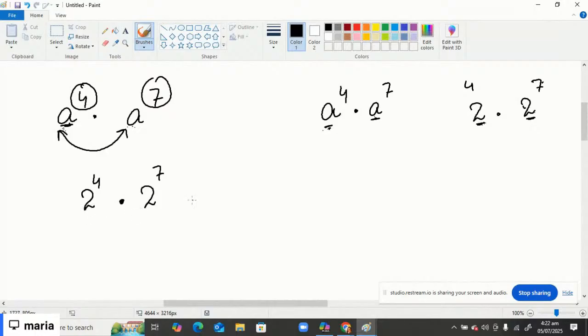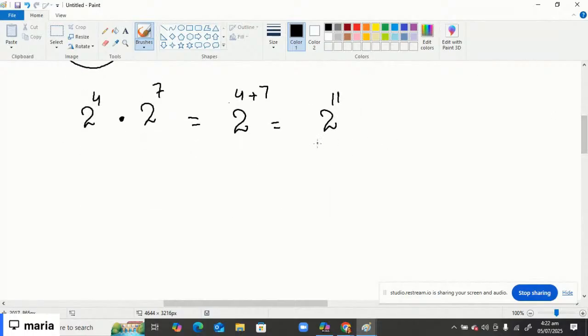If this is the same, you are going to put only one base here, then just add their powers. So what is the answer when you add the powers 4 plus 7? 7 plus 4 is 11. 2 power 11. If you are going to write the answer this way, it's all up to you. Now what is the meaning of 2 power 11?